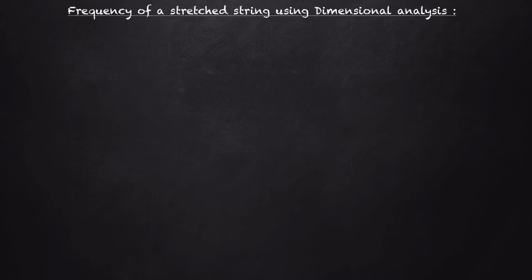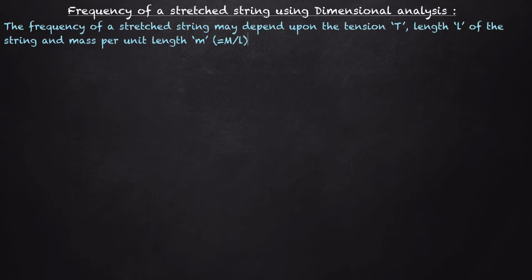Frequency of a stretched string using dimensional analysis. It is known that this frequency depends on the length of the string, the mass per unit length of the string, and the tension on the string.